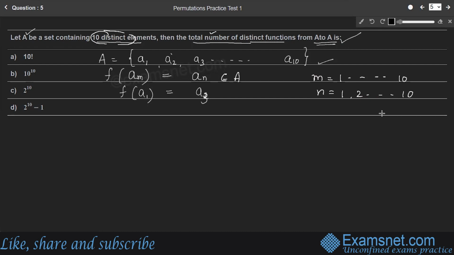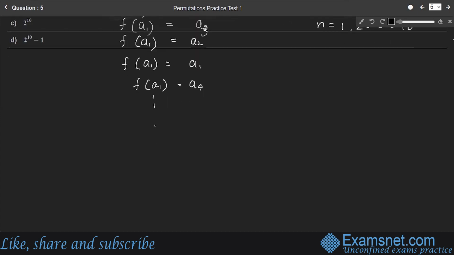If you consider f of A1, it is equal to A3. So f of A1 can be equal to A2 also. F of A1 can be equal to even A1 itself. F of A1 can be equal to A4. Like that, f of A1 can be equal to A10. Therefore, there are 10 possibilities for f of A1.